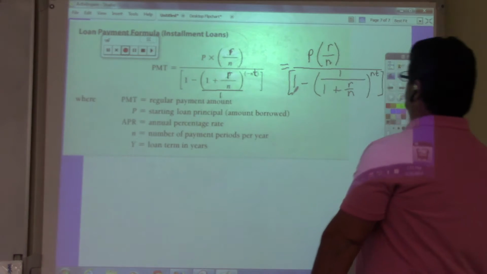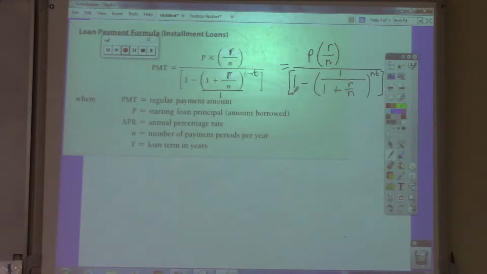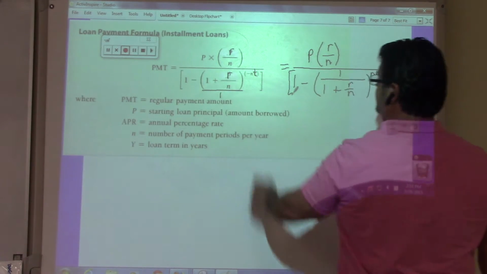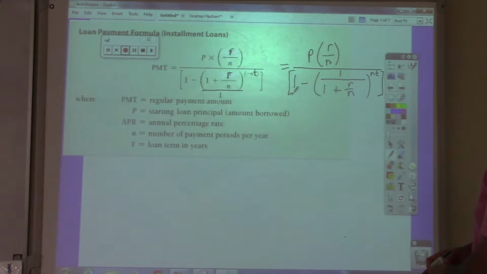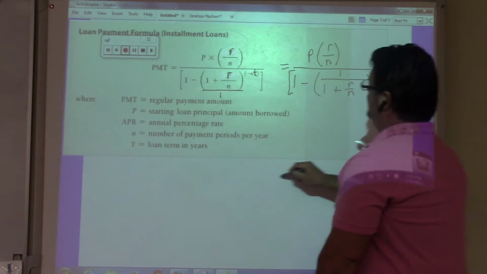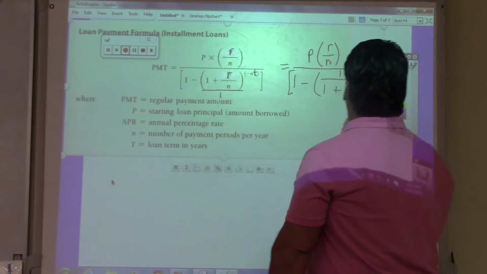That looks a little bit better. All I did was flip this. Now, what I want to try to do is copy that.